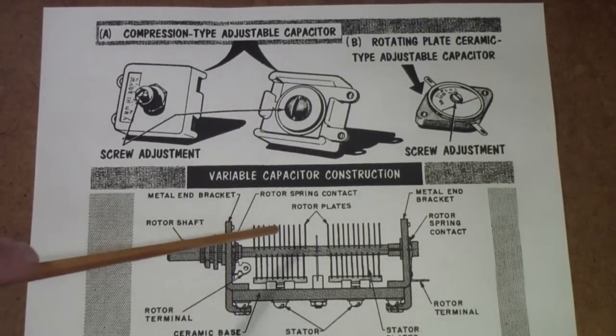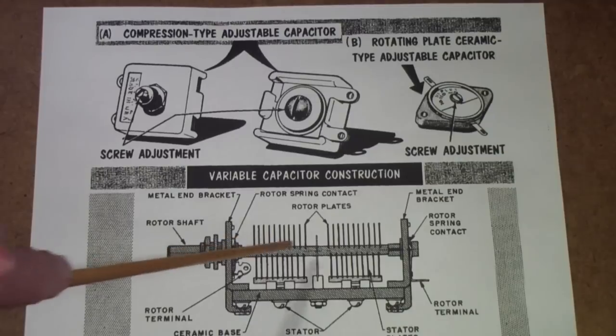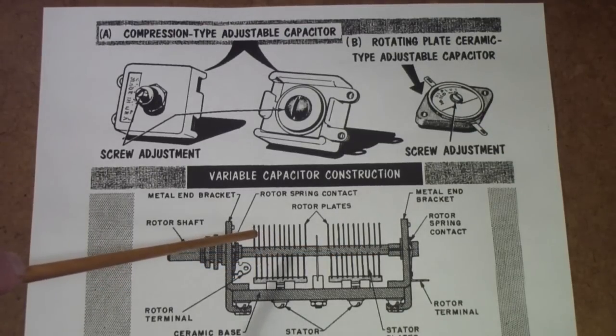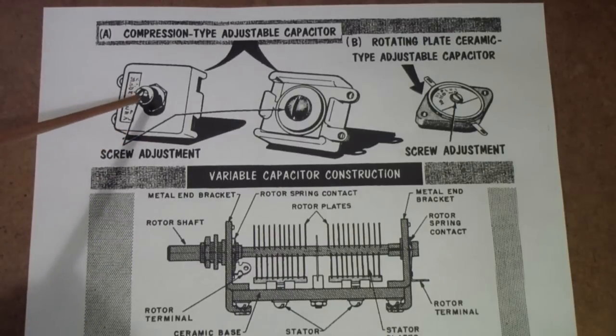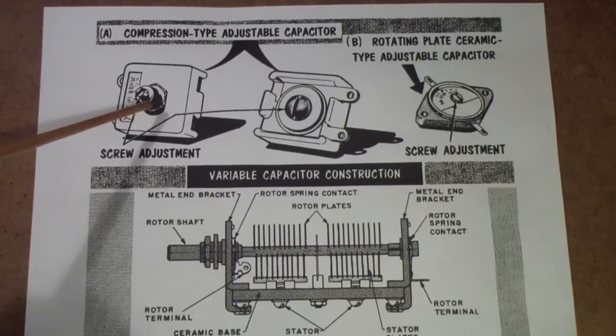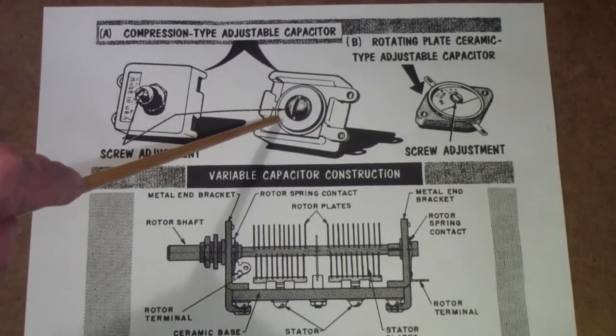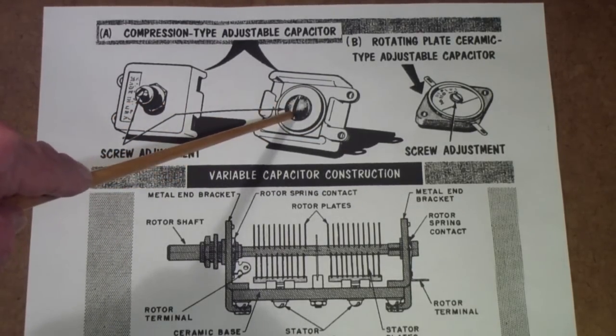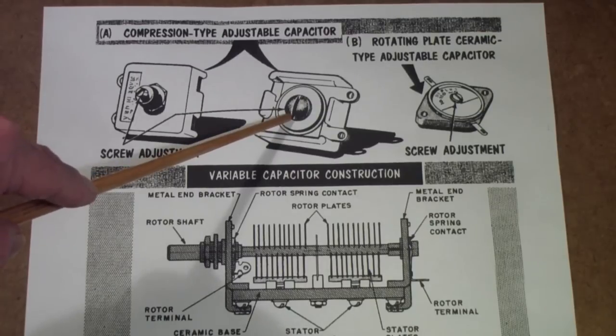In addition to this rotary tuning capacitor that we looked at earlier, you can also find some that are compression type, where you turn a screw to squeeze or release the tension on a little insulator. This is the same basic type.